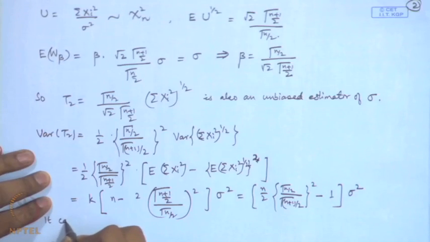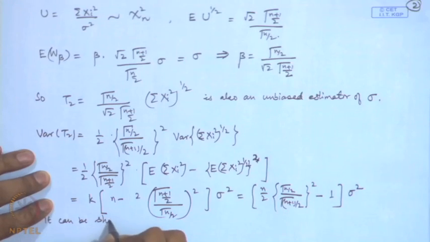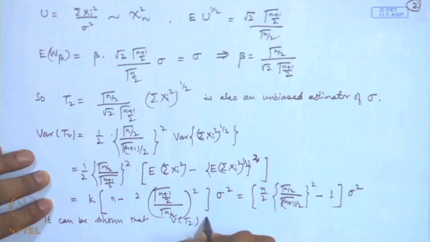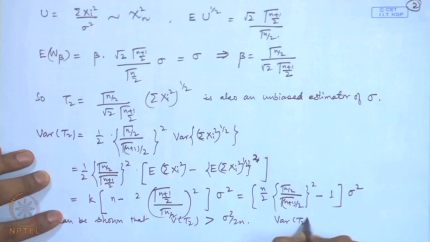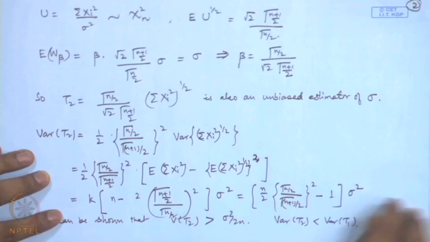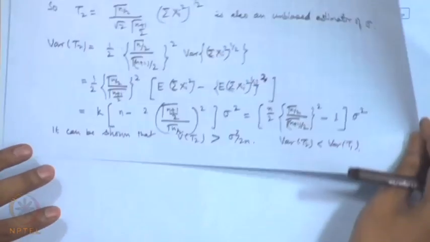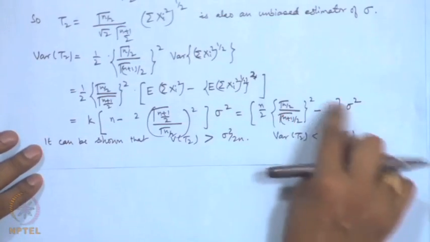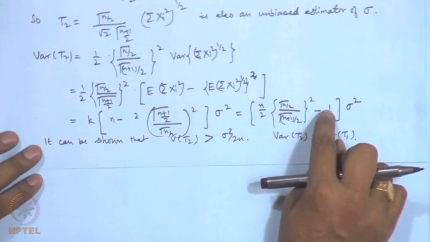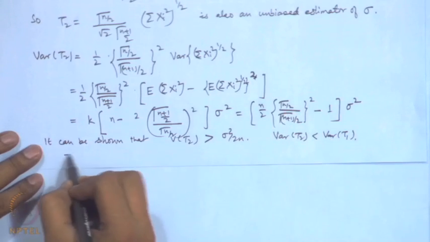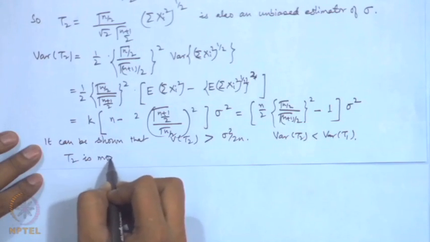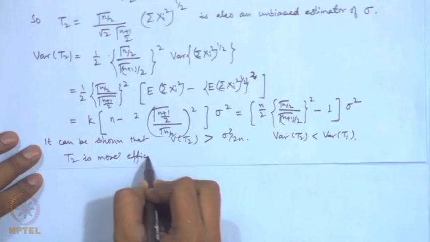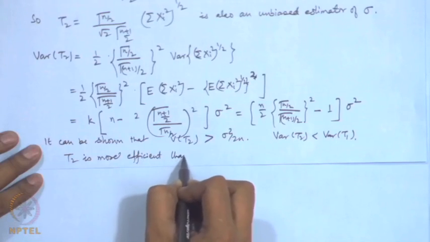It can be shown that variance of T2 is greater than sigma square by 2n and variance of T2 is less than variance of T1. In fact, one can show that this also goes to 0 as n tends to infinity. So, T2 is more efficient than T1.